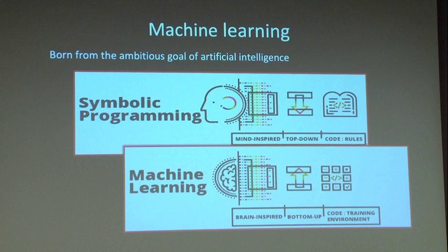So this is the brain-inspired way of designing AI systems. This is more bottom up. Here, instead of a set of rules like the expert system, we design training systems. The training systems take data and then produce a model, which will then be used for solving different types of problems.